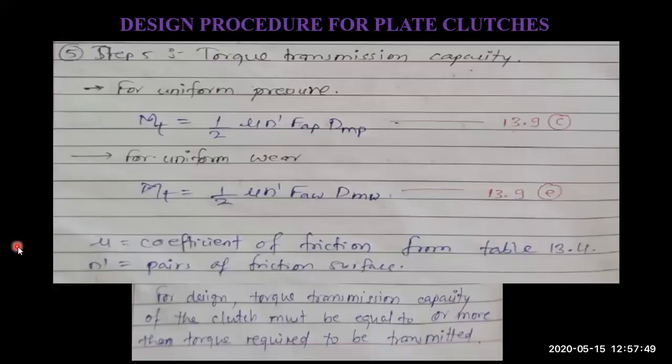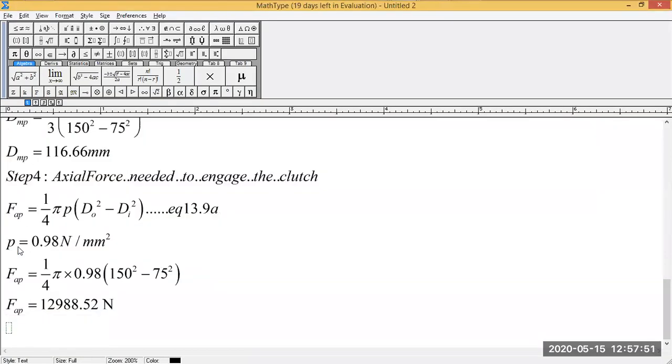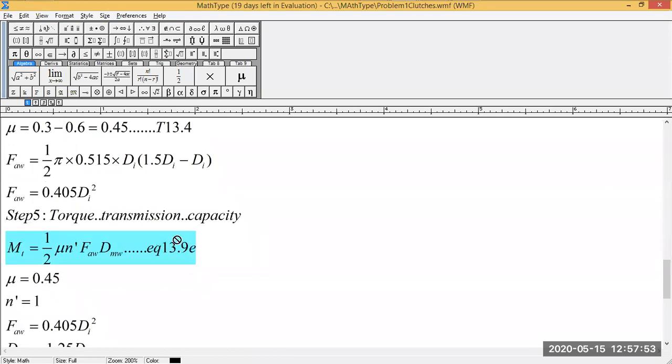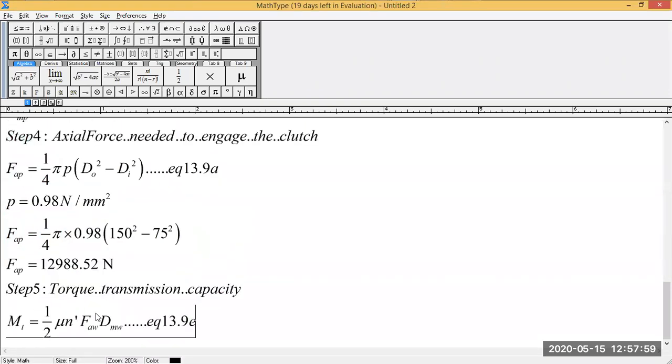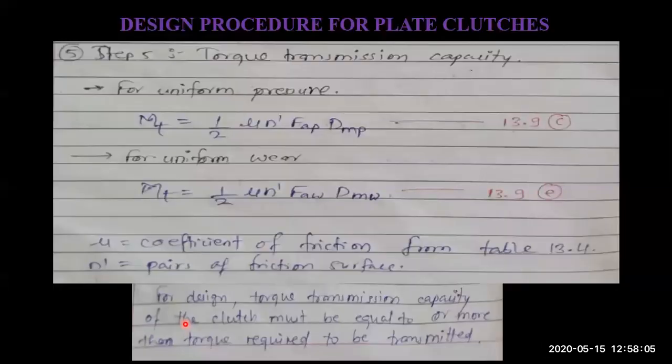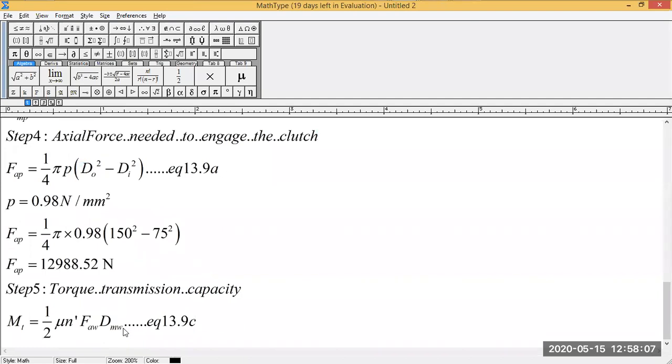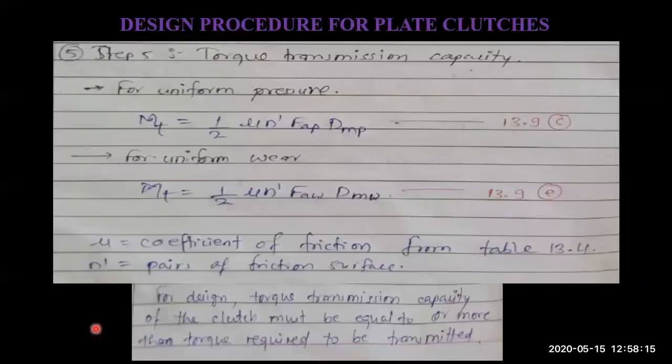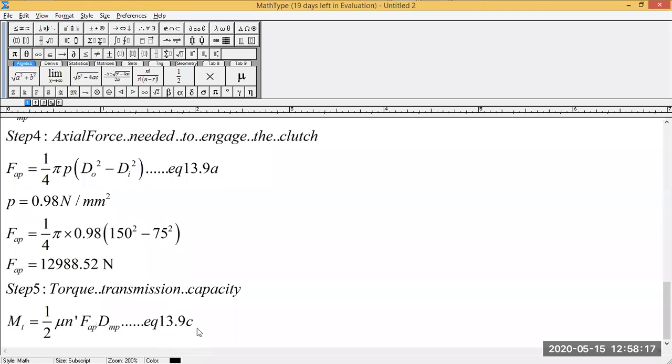Torque transmission capacity. So this is the torque transmission capacity, which is C, right? C, correct. So here W becomes P, and here W becomes P. Not much change there. Right?